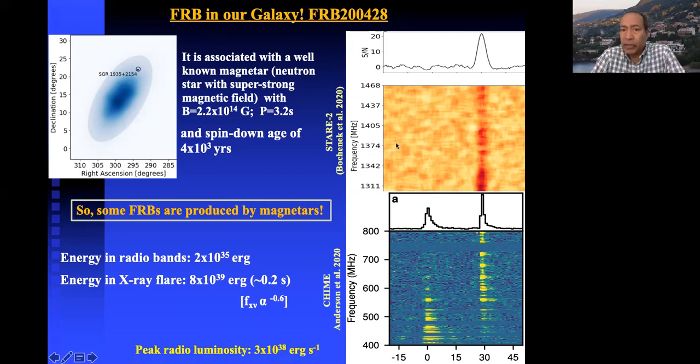STARE has a frequency of 1.4 gigahertz. CHIME saw between 400 megahertz and about 800 megahertz. And these 2 pulses, as I said, are separated by 30 milliseconds. The second pulse is very nicely lined up with the higher frequency STARE-2 observations.